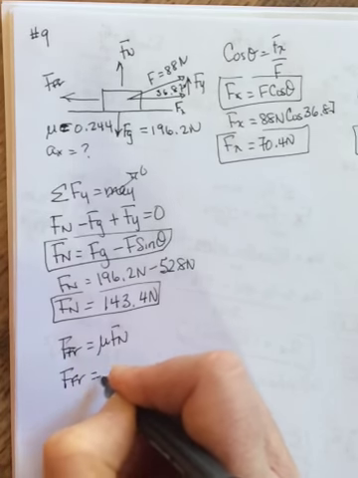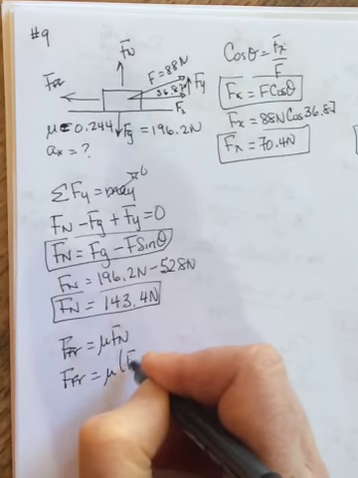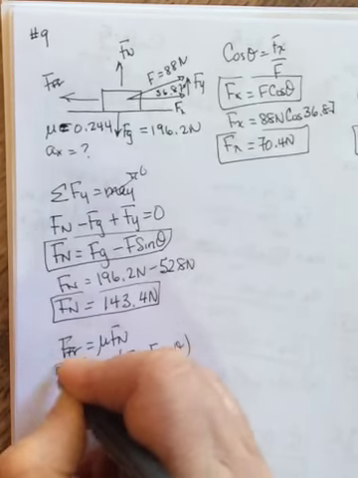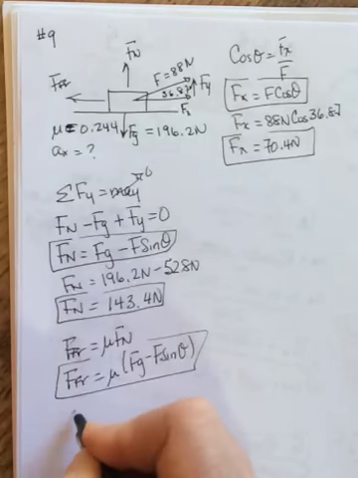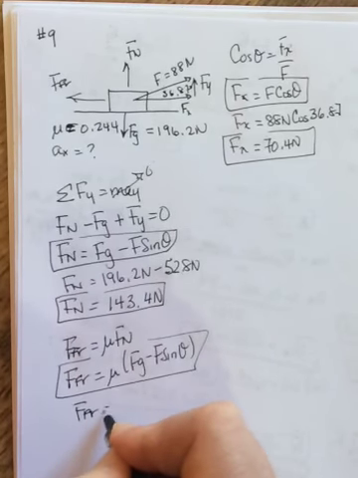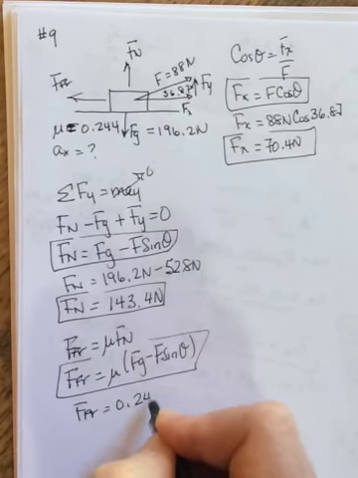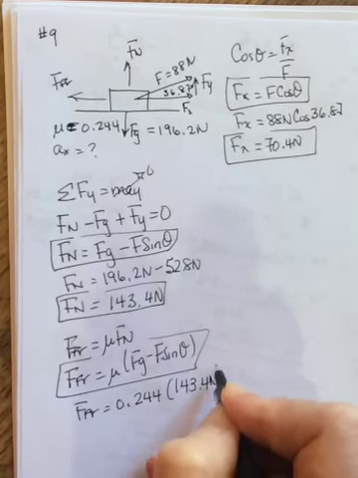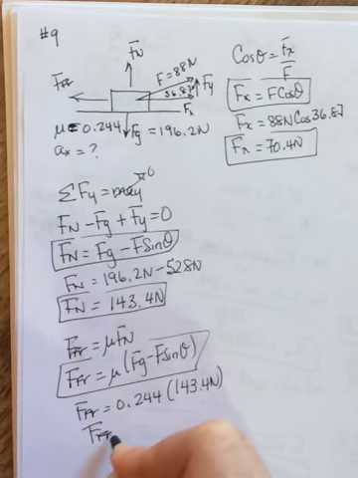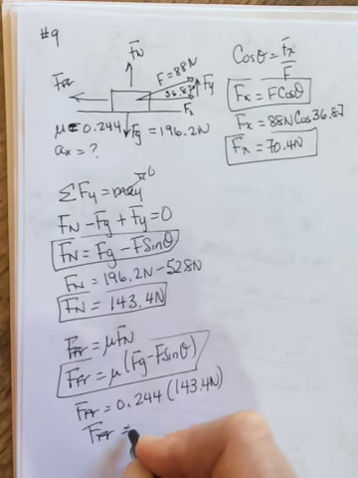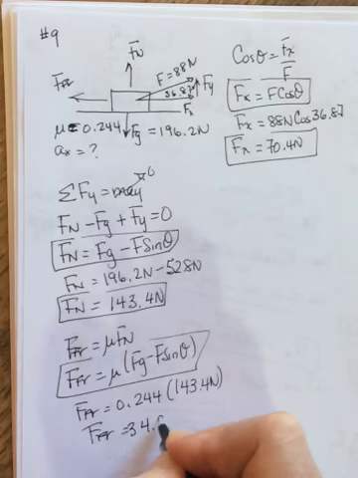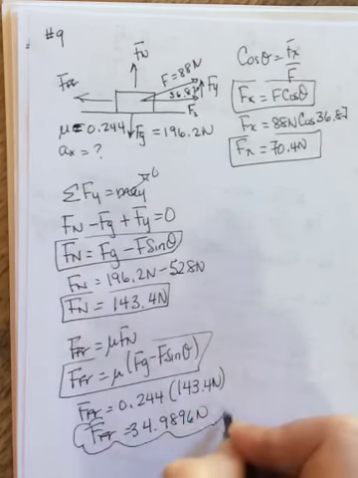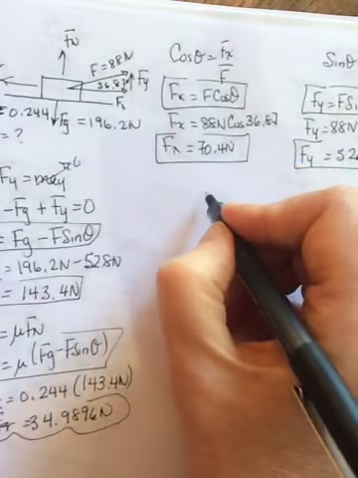So you could write it as mu brackets Fg minus F sine theta, and you could stop here. But since we already have our numbers, you could also do 0.244 times 143.4 newtons. And you would get friction to equal 34.9896 newtons.